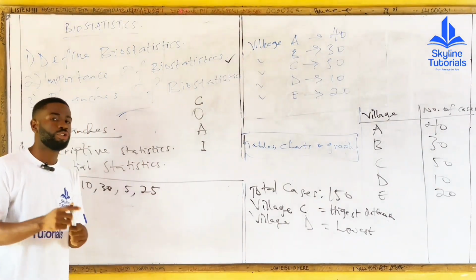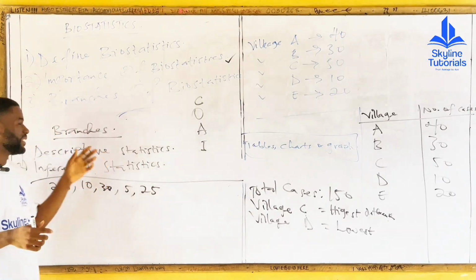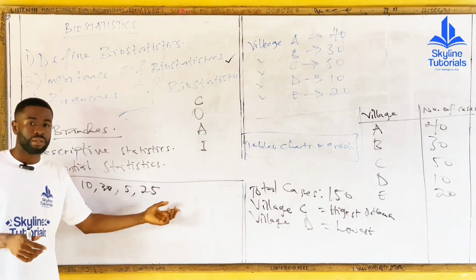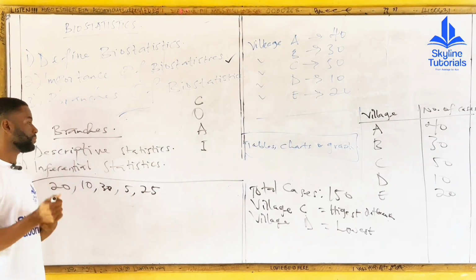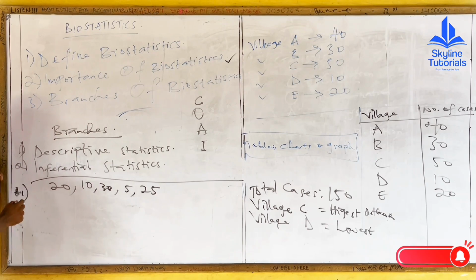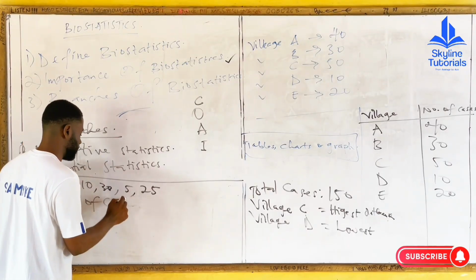Before then, you should note that there are various tools that we use in descriptive statistics, which we are going to apply in analyzing this data. The first tool we have in descriptive statistics is measures of central tendency.